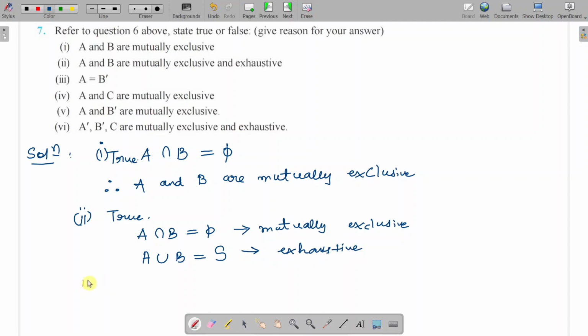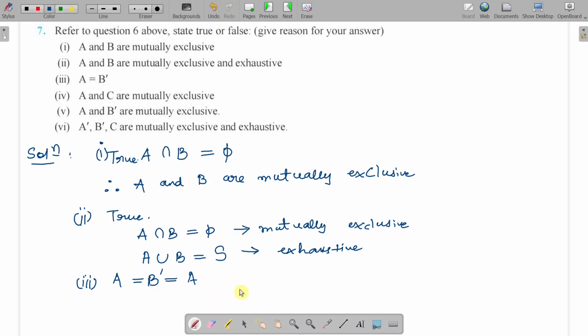Now third one is this, A equal to B complement. So A equal to B complement, they are asking whether it is true. So this B complement is nothing but A only, right?